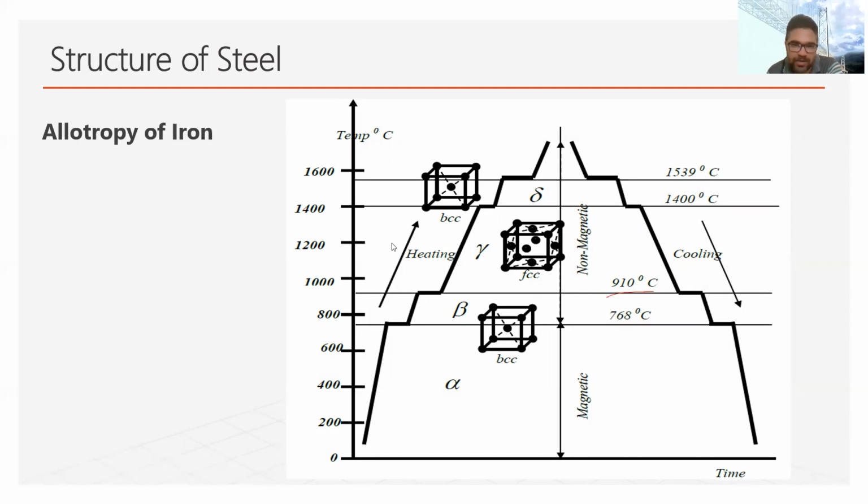Why are these names given to iron? Because in these four stages, iron behaves differently. For example, up to a temperature of 768, the iron is magnetic, but above this temperature it becomes non-magnetic. This point is called the Curie point.